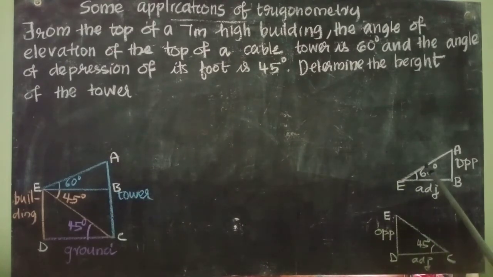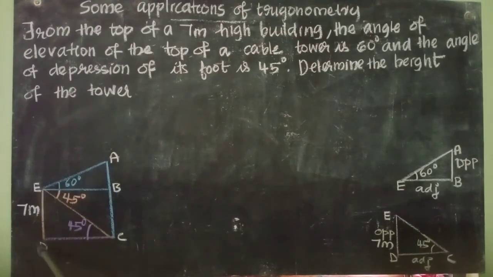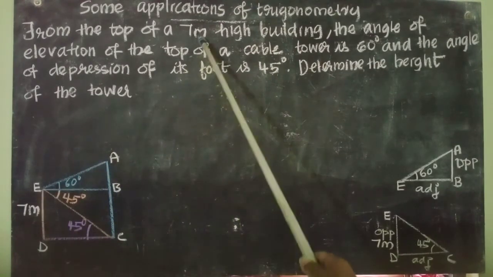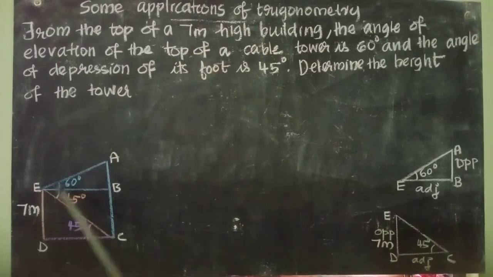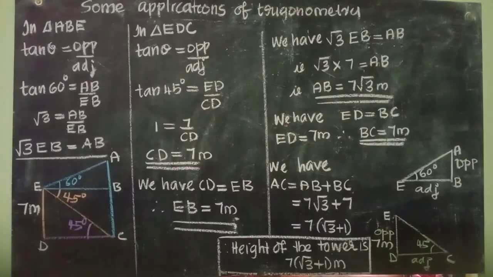So we can use these two right triangles and take the ratio to solve this problem. This ED is the building. It has height 7 meter. So we can mark here ED 7 meter, and in the right triangle also ED equal to 7 meter.